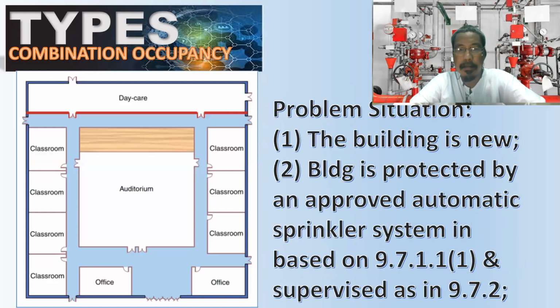Take a look back on this. So we have here the 1 and 2. From the daycare, there are 2 independent egress, means of egress. This daycare.